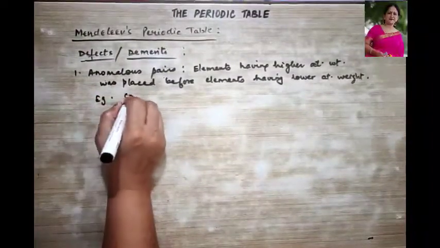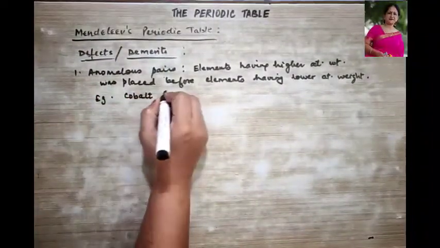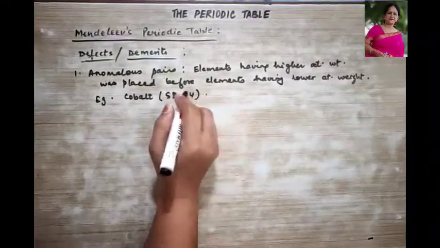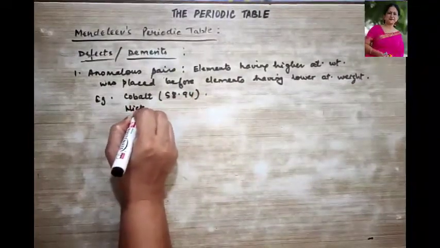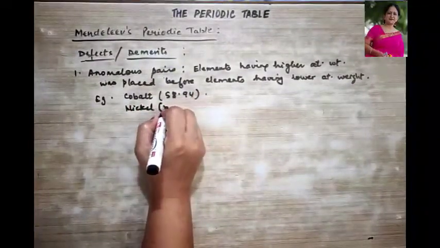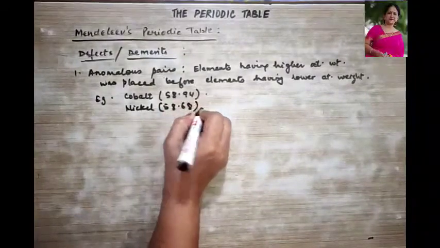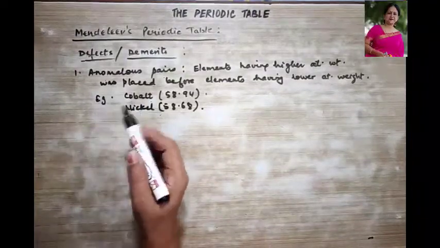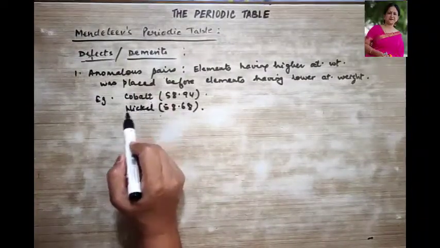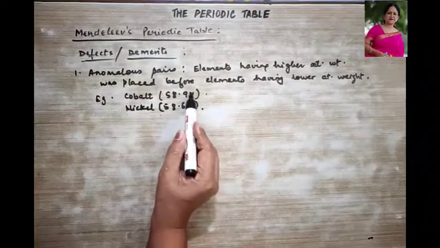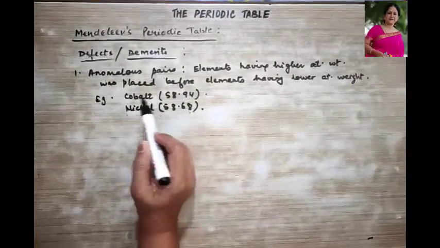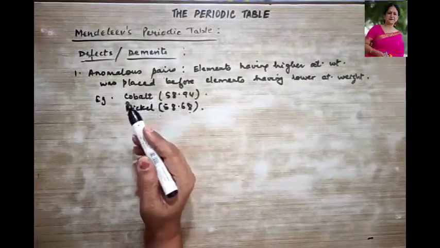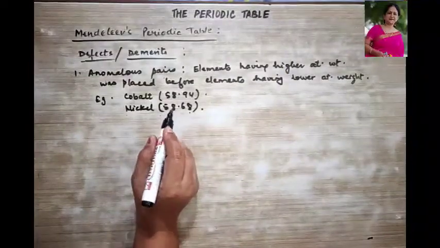Example like cobalt, right? Cobalt, its atomic mass was 58.94, right? And this was placed before nickel, whose atomic mass was 58.68, right? So which one should have been placed before? Nickel should have been placed before cobalt, but he had placed cobalt before nickel. Therefore this became an anomalous pair, a pair which was not according to the set rule which he had given.